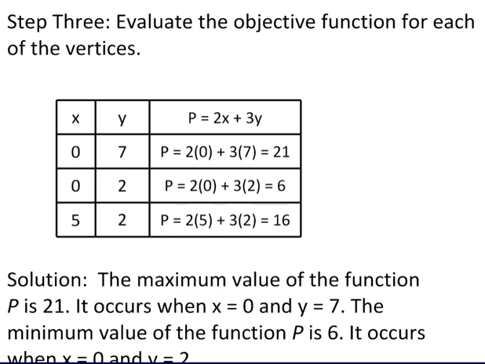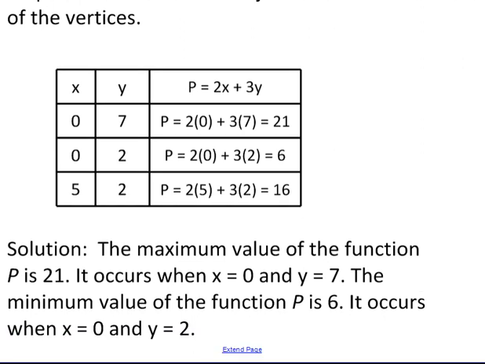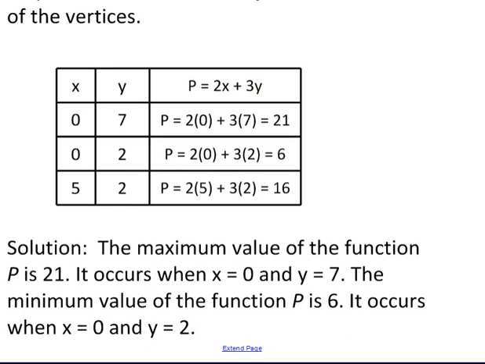So, final answer, we have to actually figure out what our answer is. It asks for the maximum value of the function. We're looking at these numbers right here. Whichever number is the biggest is 21. That would give us our maximum value of 21.